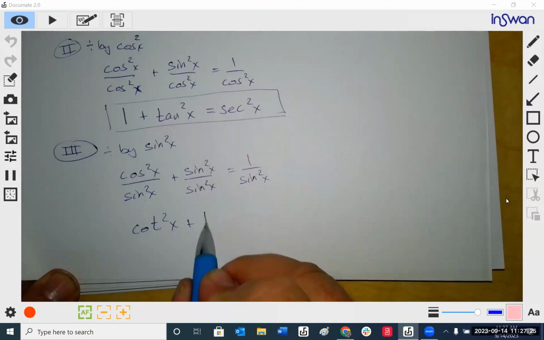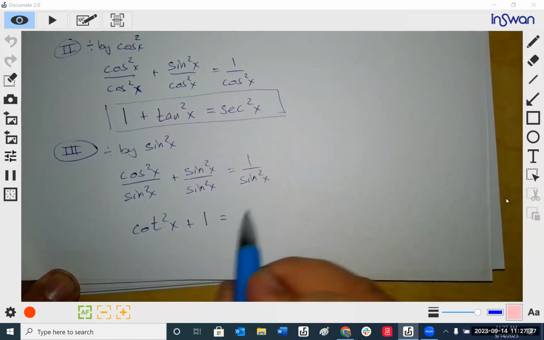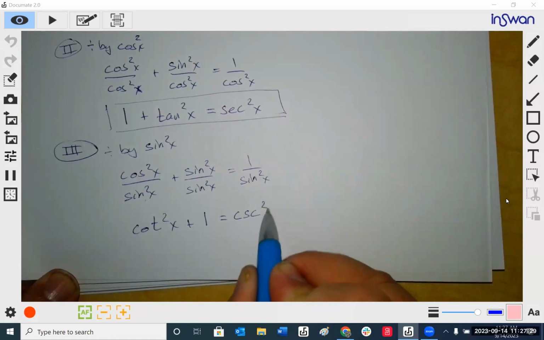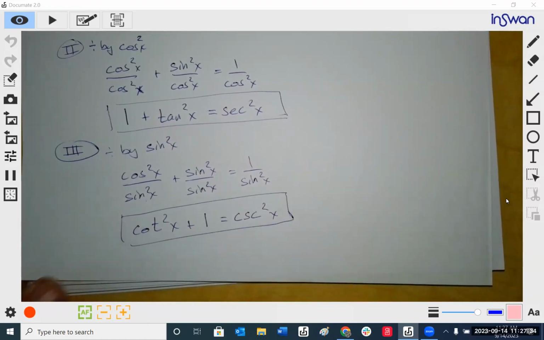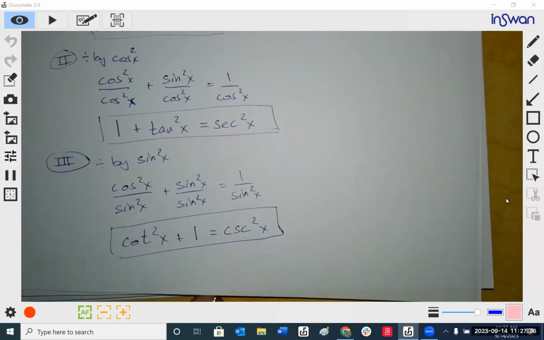Sine squared over sine squared is 1. 1 over sine squared is cosecant squared. There's our third identity. And then on your chart, the cheat sheet I gave you, you have a whole bunch of other ones. These are just the main ones.